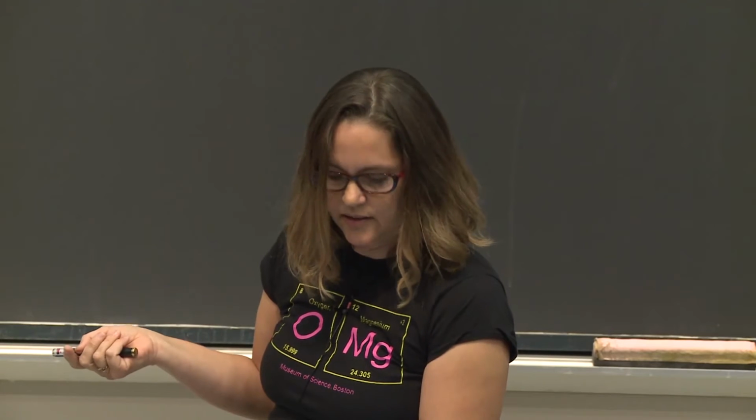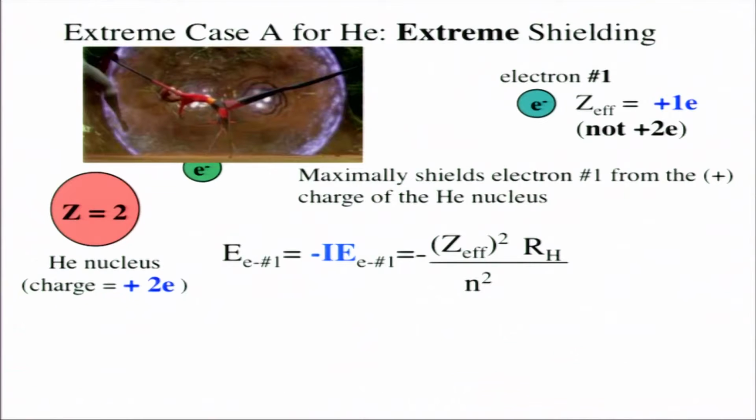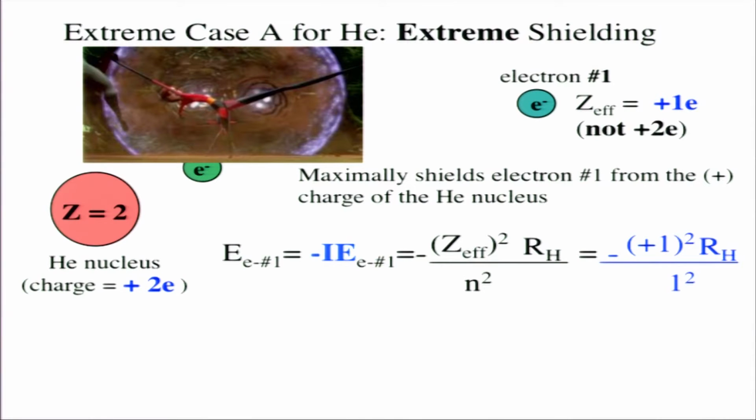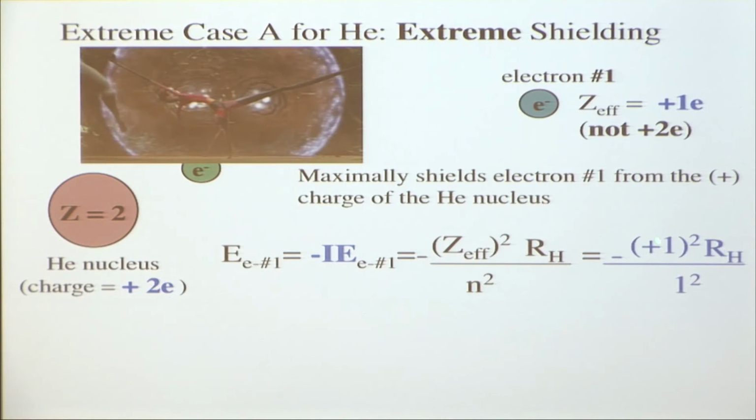So now we can calculate what the binding energy, or if we wanted, what the ionization energy would be for this case, given that particular effective charge. So again, the binding energy of electron 1 is equal to minus its ionization energy, equal to minus Z effective squared R_H over n squared. And we can plug in those numbers. Don't forget the minus. We have Z effective 1 over 1.